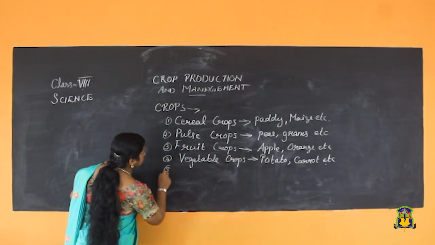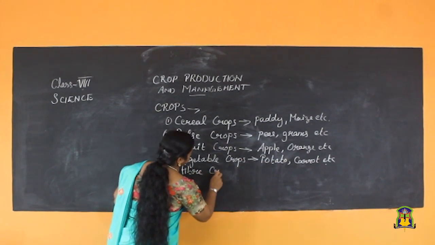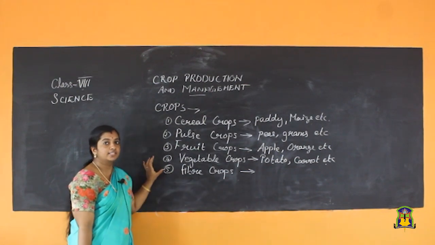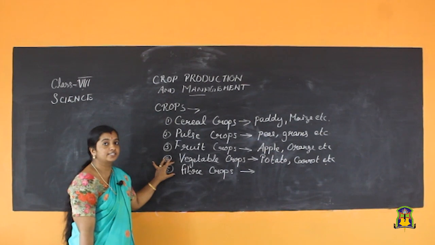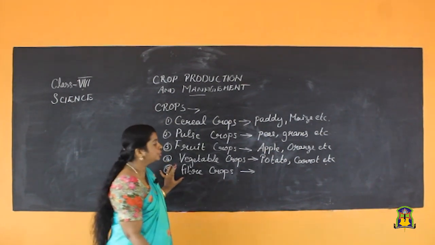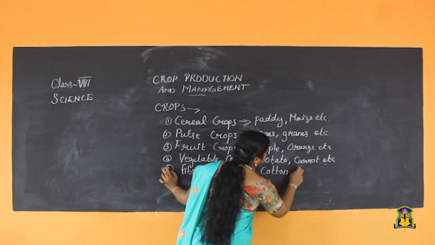Now we are going to discuss fiber crops. What are fibers? Fibers are something that is used for making fabric. We have studied about it in 7th standard also. Some commonly used fibers are cotton, jute, etc. So, these come under fiber crops.